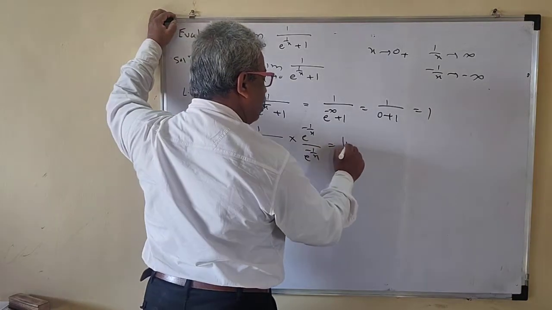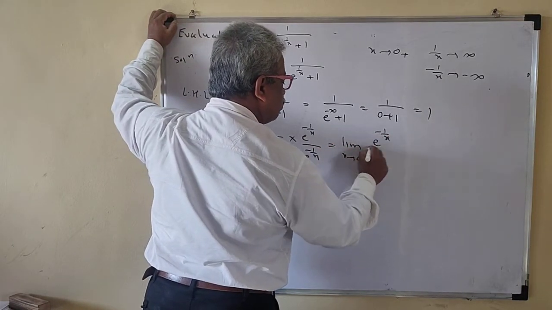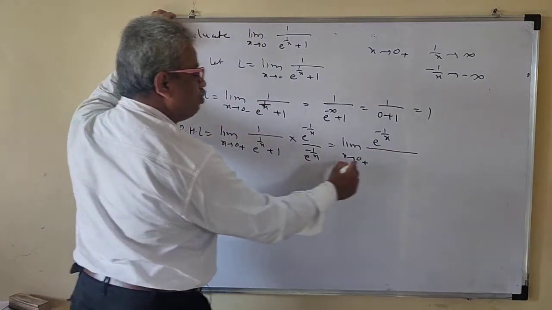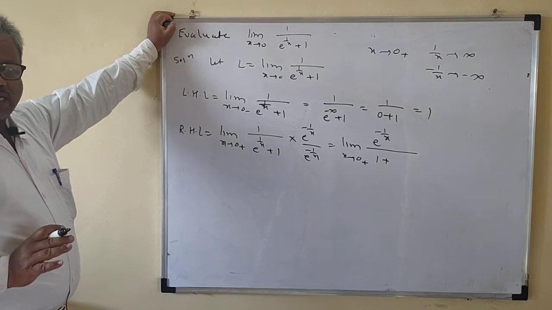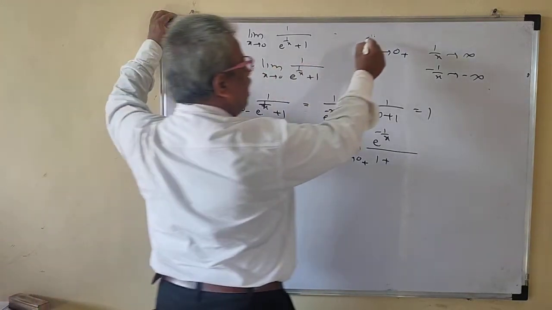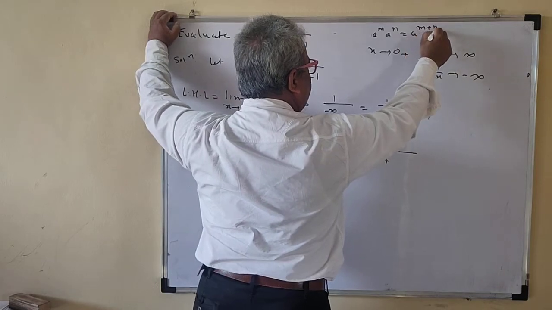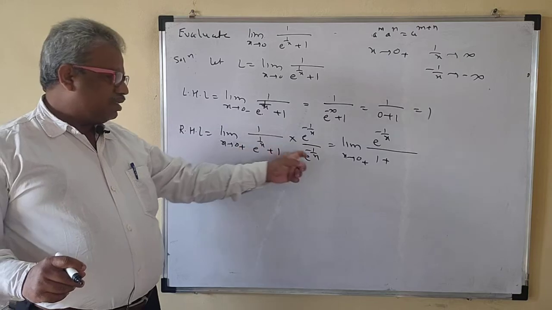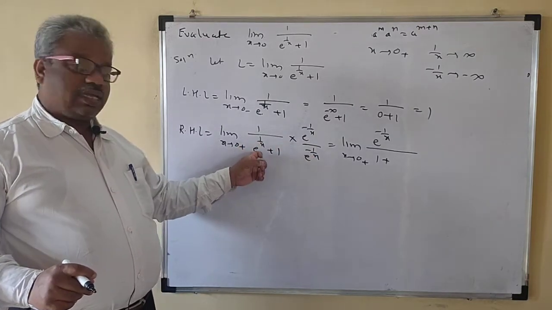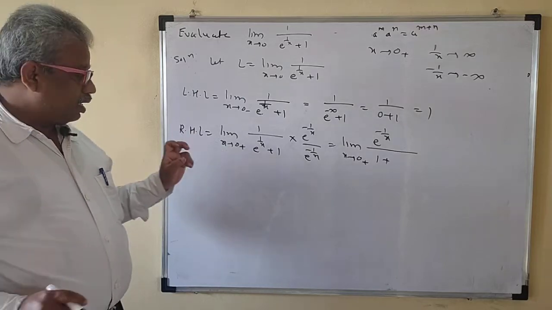So what do we get then? Limit x tends to 0 plus of e raised to minus 1 by x over, for this product, e raised to 0, so this is 1. Because we apply the rule of indices: a raised to m into a raised to n is a raised to m plus n. So e raised to 1 by x into e raised to minus 1 by x is e raised to 1 by x plus minus 1 by x, which cancels, it is 0.